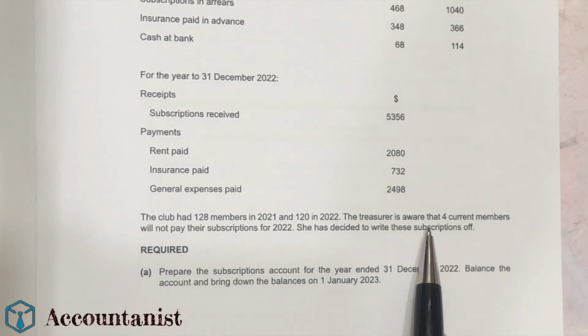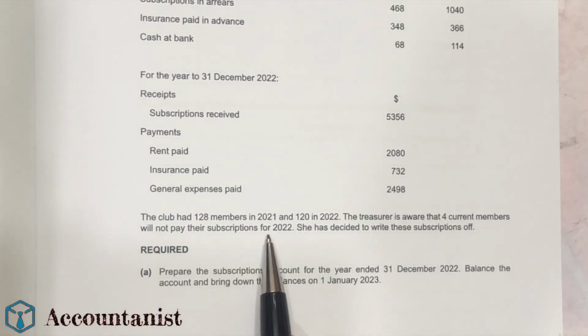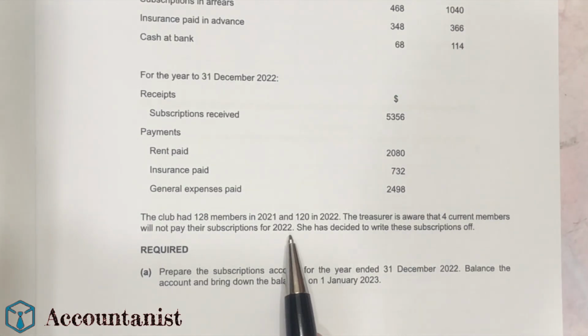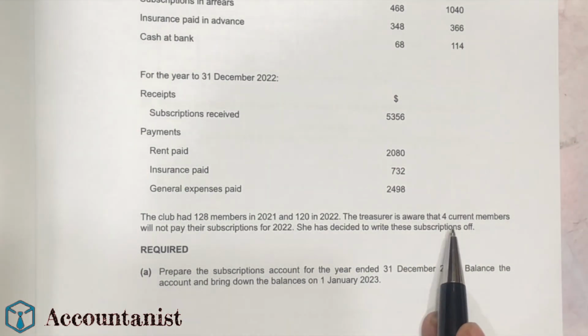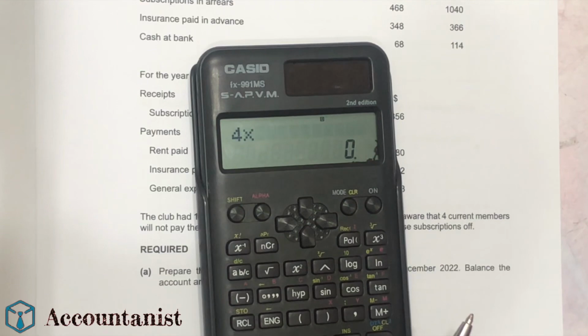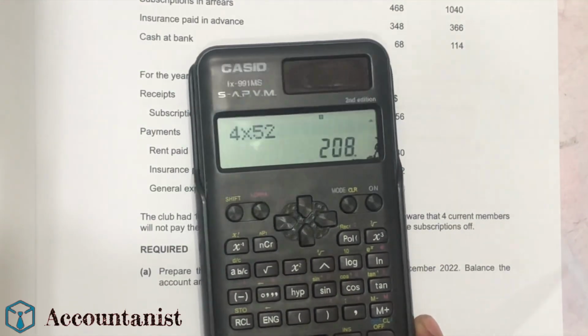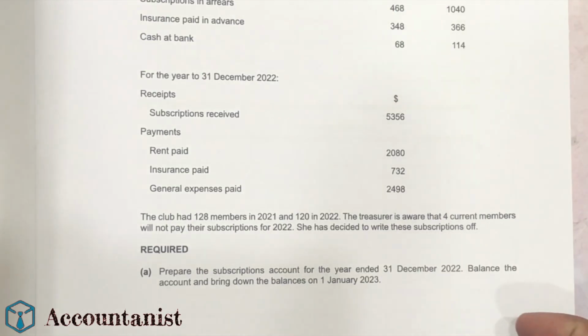So the treasurer is aware that 4 current members will not pay their subscription for 2022. She has decided to write the subscription off. So we have to write down these 4 subscriptions as bad debts. So let me check. 4 multiplied by 52, so 208 should be in the bad debts, in the irrecoverable debts adjustment.